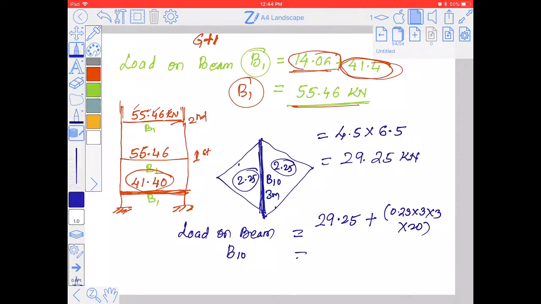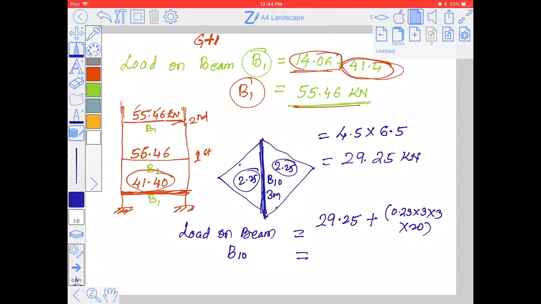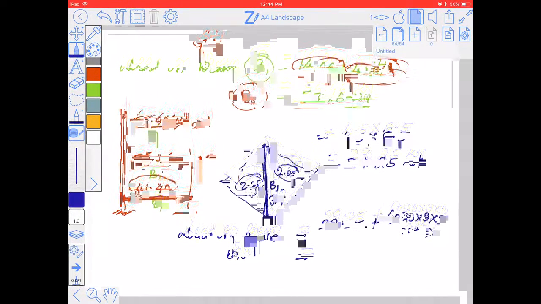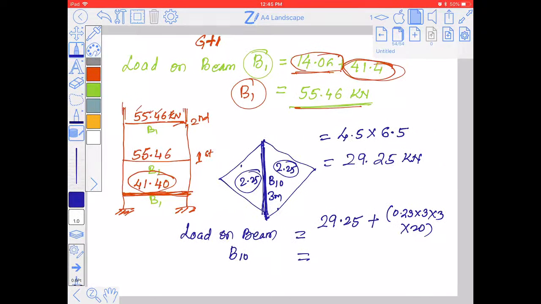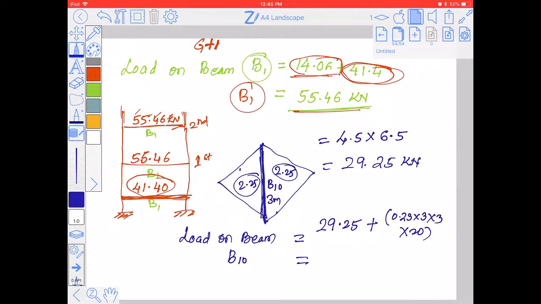How much will it be? How much total load did you get? 70.65 kilonewton.